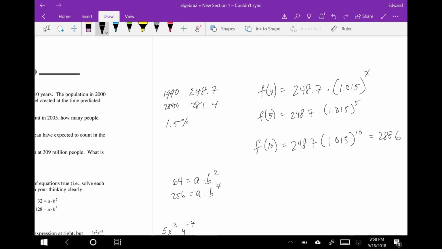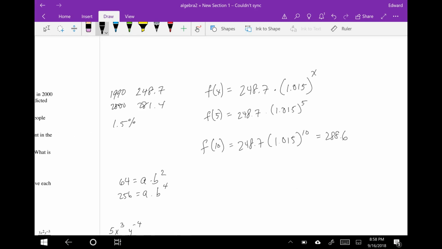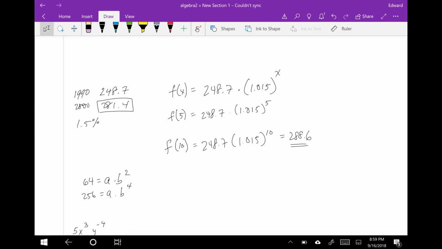Okay, now what is the residual? Well, the residual is the difference between our model. This is our expected. If we expect it to grow 1.5%, we expect it in 10 years to be 288.6. It turns out that actually we only had 281.4. So the residual equals 288.6 minus 281.4 equals 7.2 million.